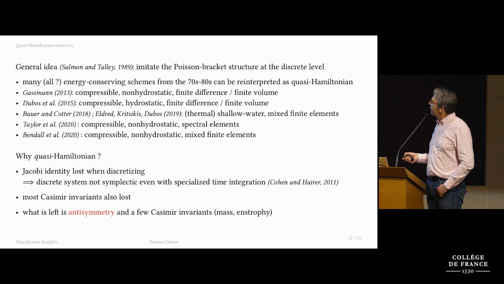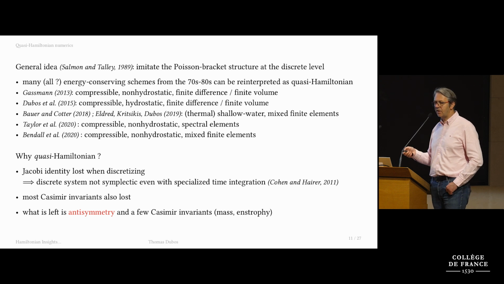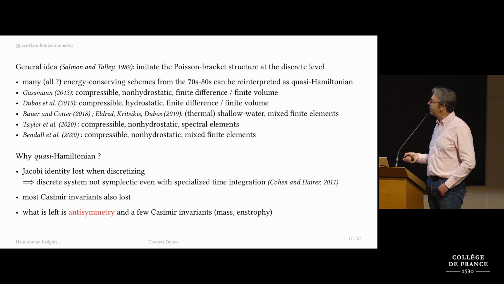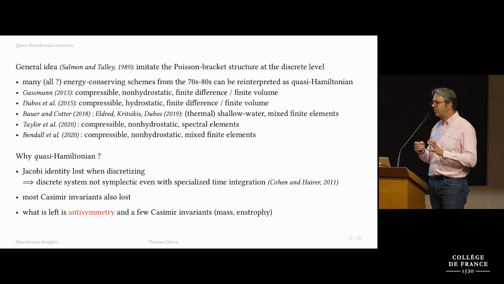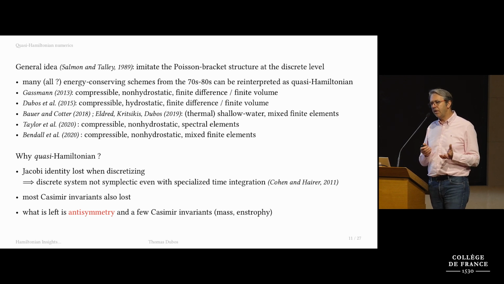I say quasi-Hamiltonian because you can't really keep everything Hamiltonian from the continuum to the discrete level. In fact, you lose almost all of the Hamiltonian properties. The first of which is the Jacobi identity, which means that the discrete system doesn't have a symplectic structure. Usually you lose most Casimir invariants. For instance, in the previous case I mentioned all these integrals with respect to potential vorticity.